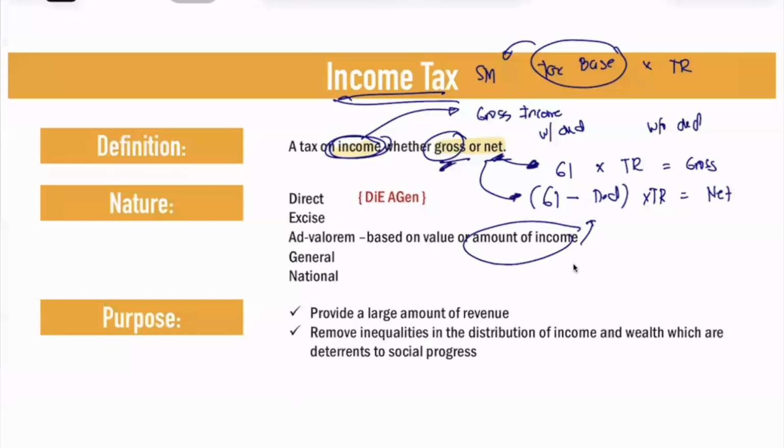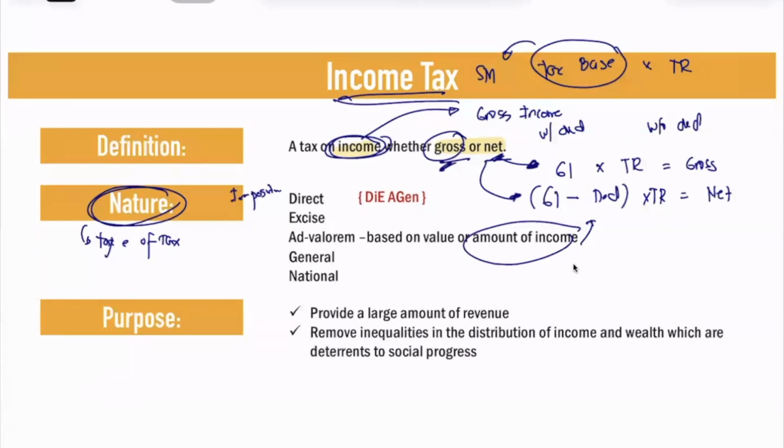Whenever you encounter taxation as to nature, this determines the type of tax. For direct, this is as to imposition, whether it is direct or indirect. And we said income tax is direct. For excise tax, this is as to privilege. Next, ad valorem as to the value, and then general as to purpose.